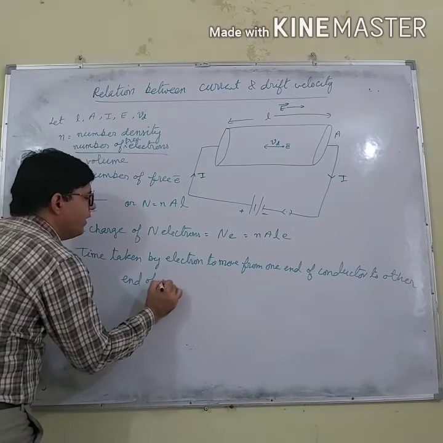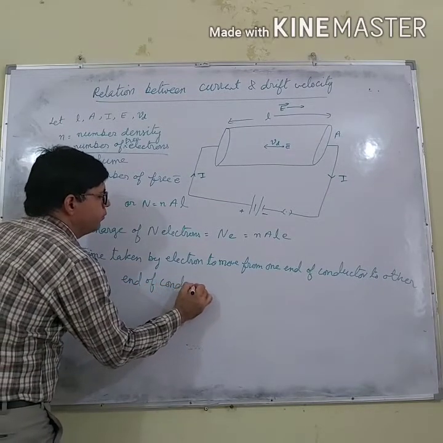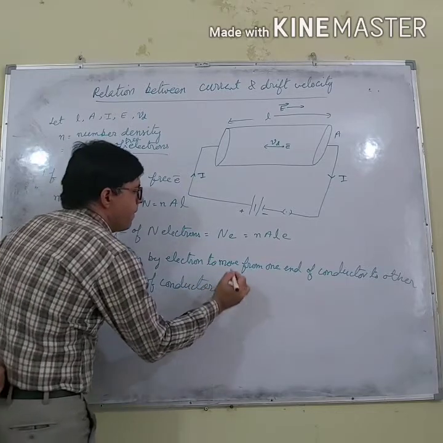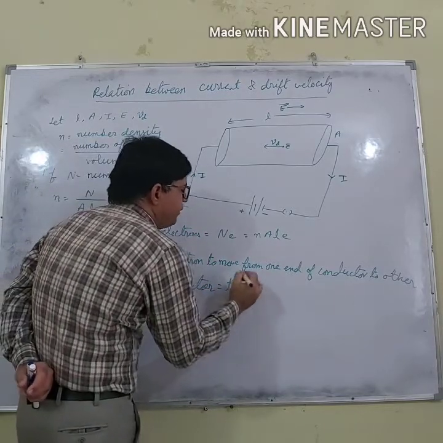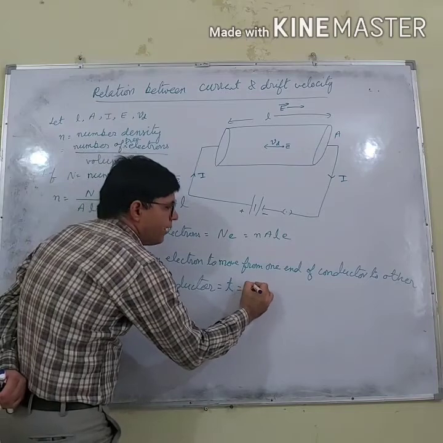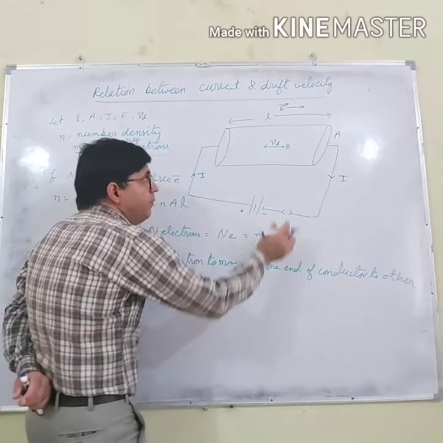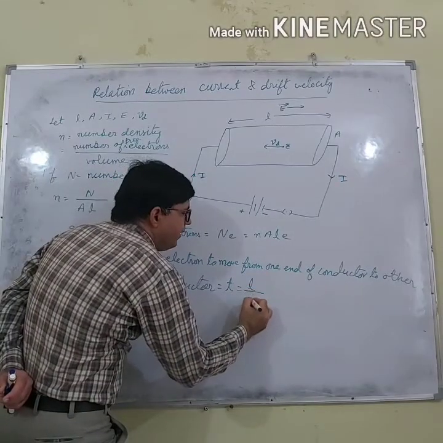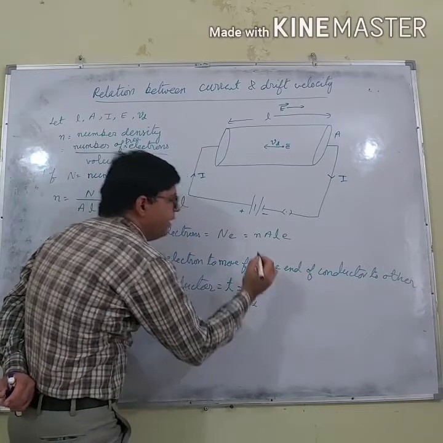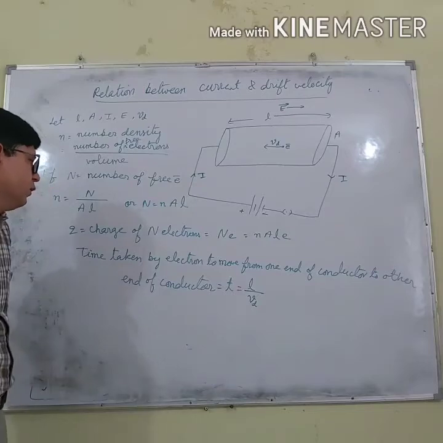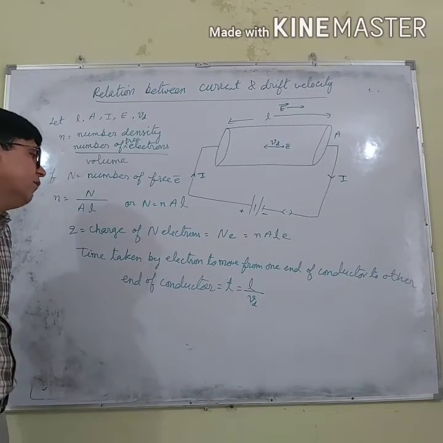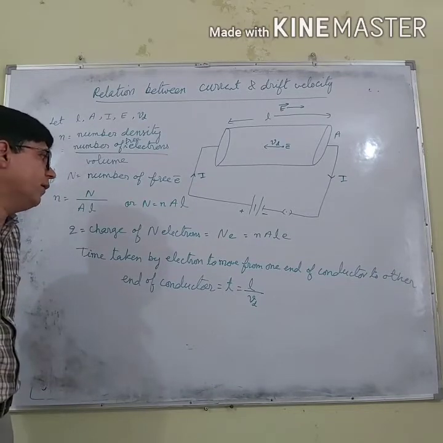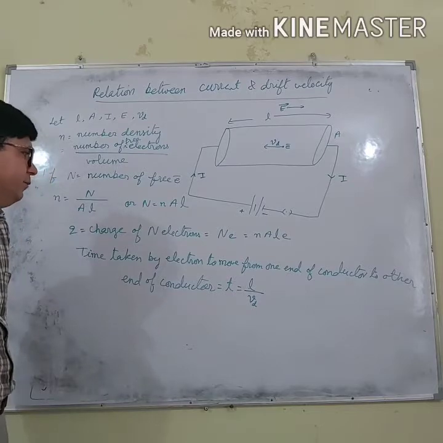Let us say this time is t, and the formula for time is distance upon speed. So this length is L, and the speed is the drift speed Vd. So I can say time t equals L over Vd.